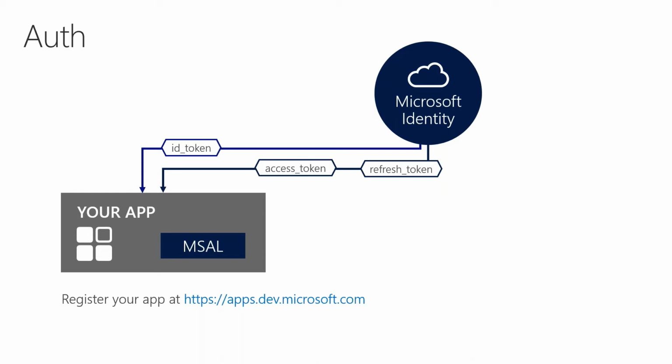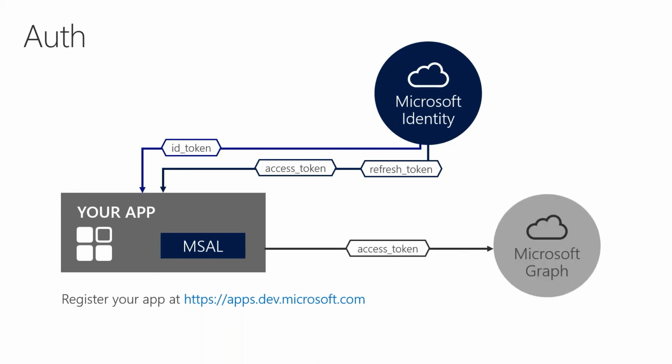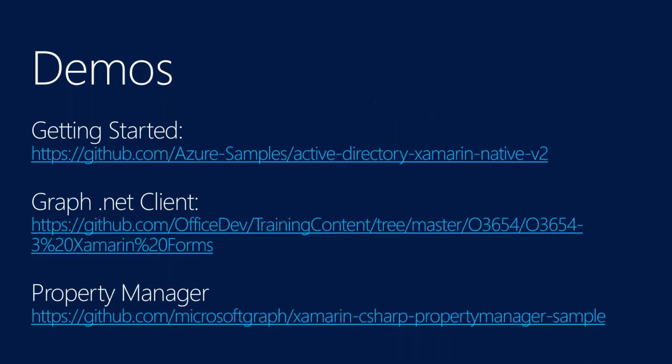You'll get back both an access token and a refresh token. MSAL will handle a lot of the access token, refresh token semantics so that you get an up-to-date access token, because those tend to have, I believe, a 2-hour expiry. And then once you have your access token that's up to date, you can then use that to call into Microsoft Graph. Okay, so these are the actual samples we're going to talk through and get started with Xamarin to go code against.